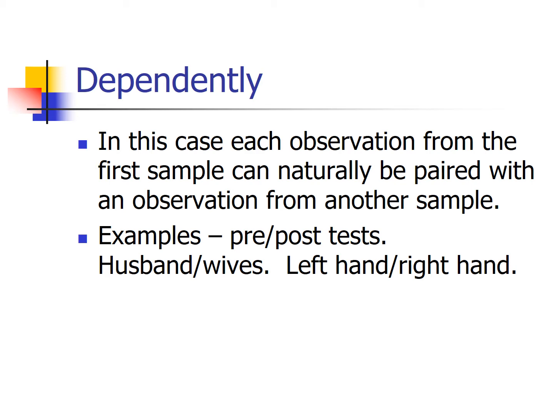Now that's the most common example of dependent, but in theory you could have husbands and wives paired together, you could have twins paired together, you could have observations from a person's left hand and a person's right hand, and these are paired observations.